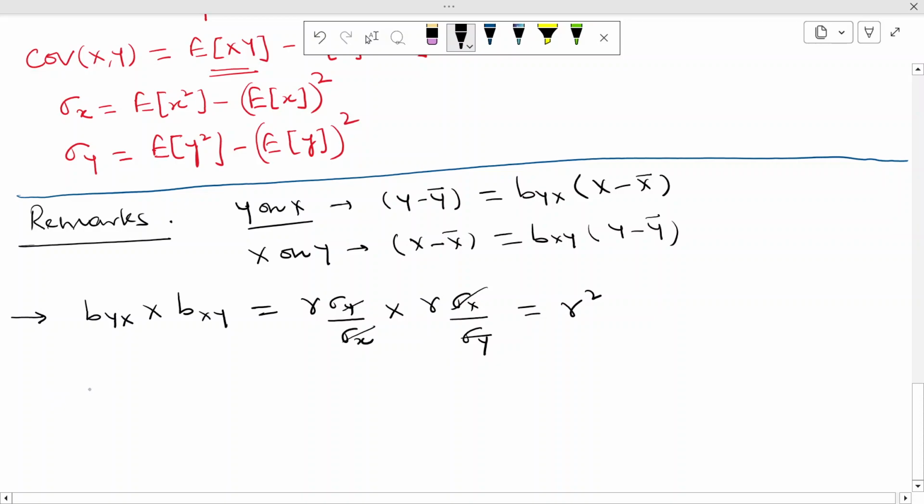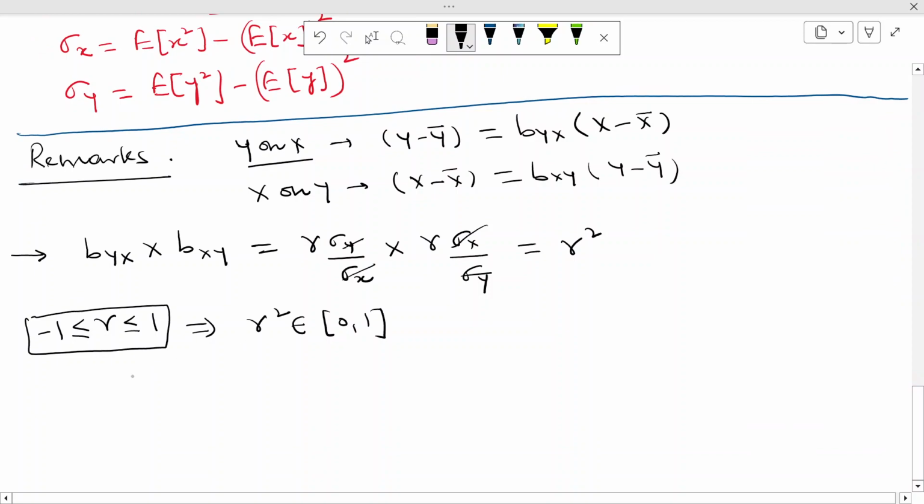As we know, r lies between minus 1 and 1, so r square always belongs to the interval 0 to 1, meaning r square cannot be negative. So it is clear that the product of the two regression coefficients bxy and byx is always less than or equal to 1, and also greater than or equal to 0.